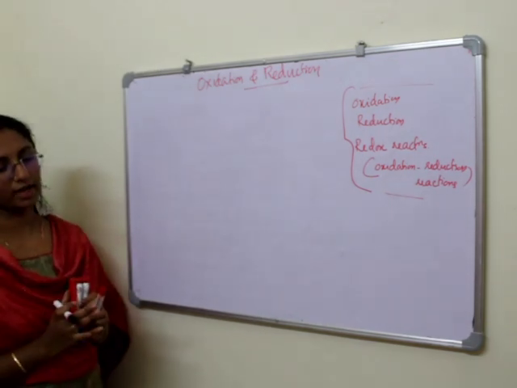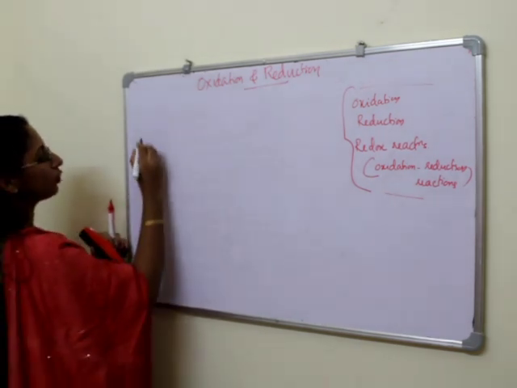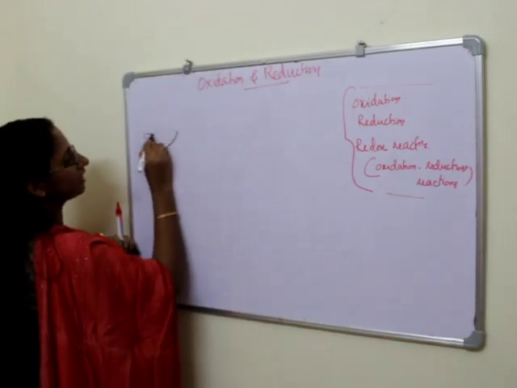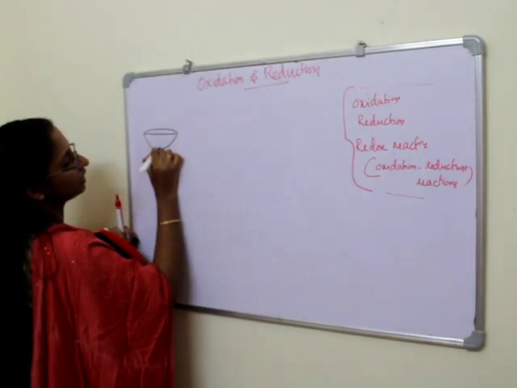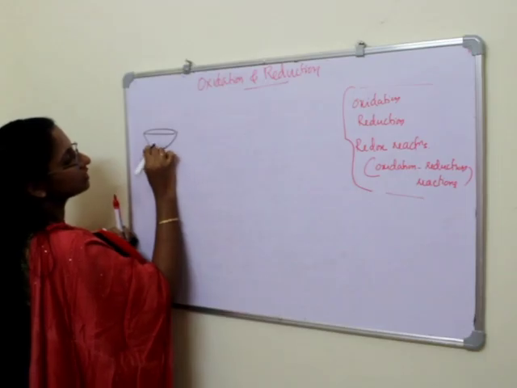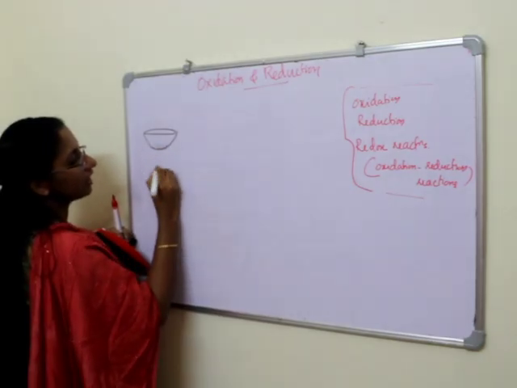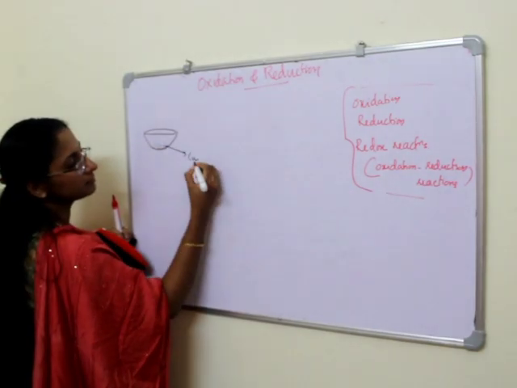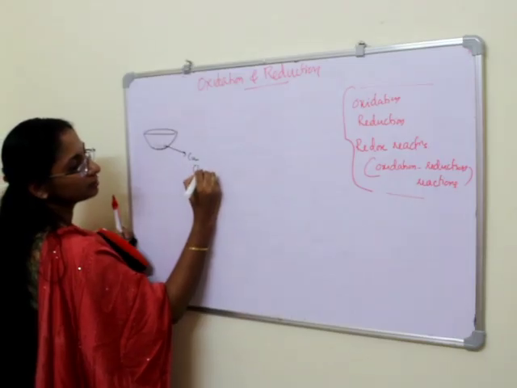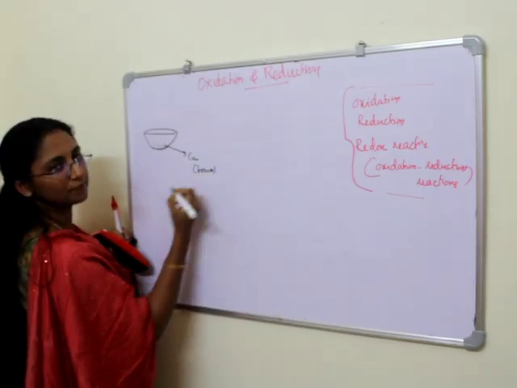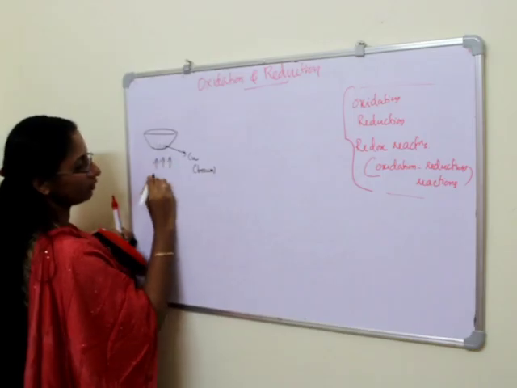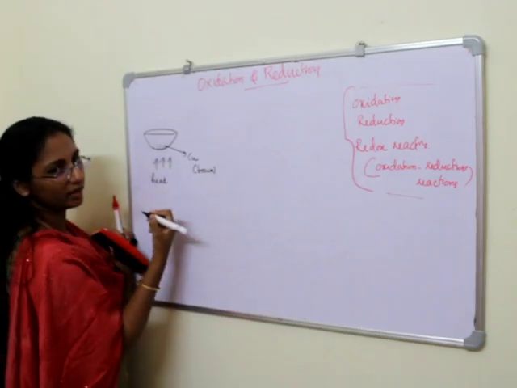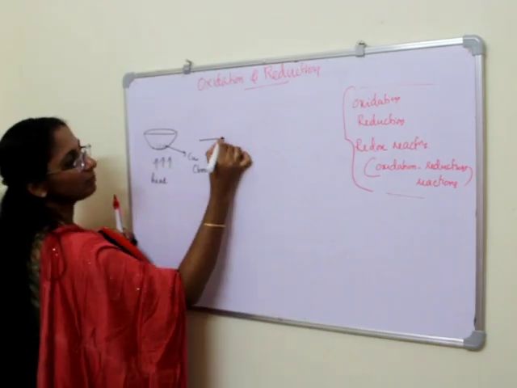We are taking a china dish. Within that china dish we are taking copper metal. What is the color of this copper metal? The color of this copper metal is brown. And we are heating this china dish. So what will happen?